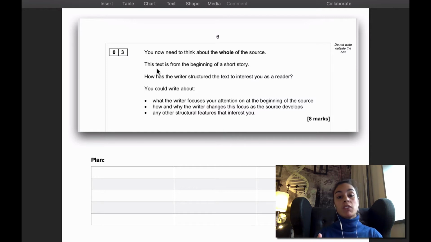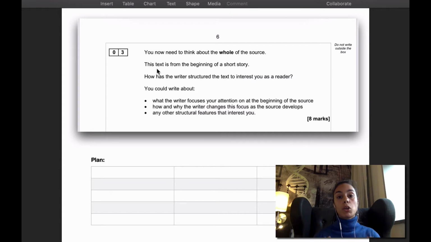It's because if this short piece of text was from the middle of a novel, you would expect there to be a different kind of structure, whereas if it's the beginning, they're still introducing the characters, the plot, the setting and anything to interest you as a reader.